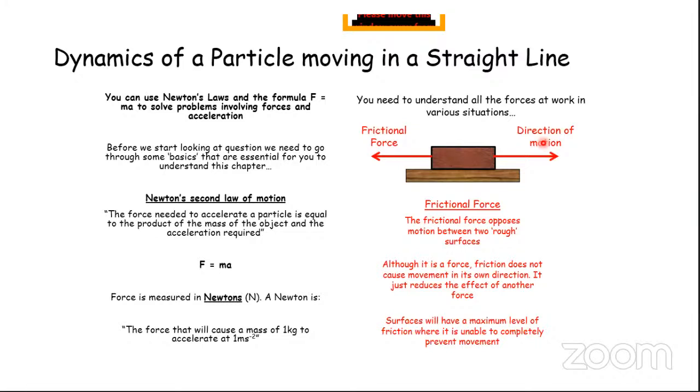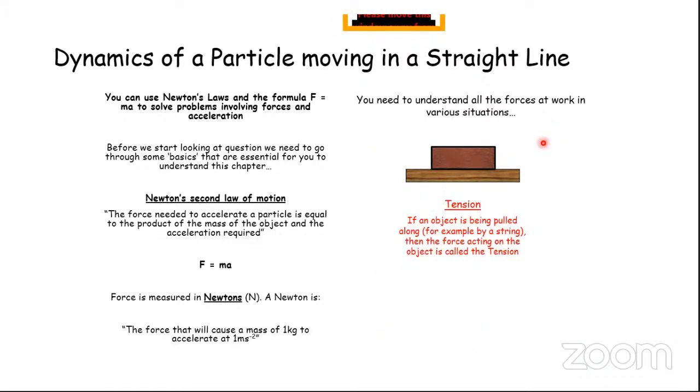Surfaces have a maximum level of friction beyond which it is unable to completely prevent movement. So after some time, when we apply an adequate force, the body will be able to move when it overcomes the friction.